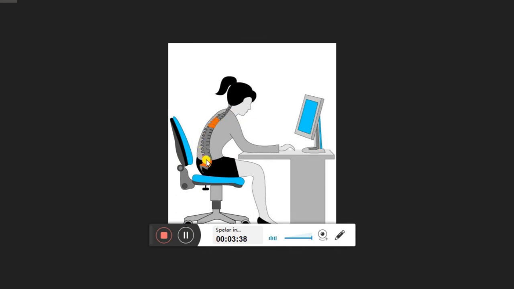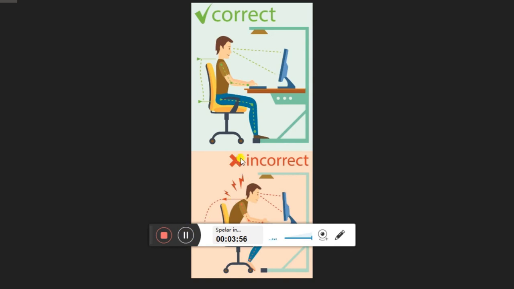If continuously for hours the child is sitting in the same way, then they will have the habit of sitting in the same way, and slowly and gradually the backbone will bend. The posture will become very worst. Also, when you are sitting in front of the computer, your eye should be at a proper angle.